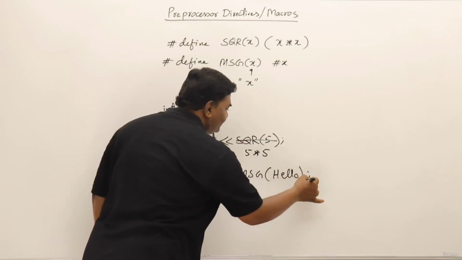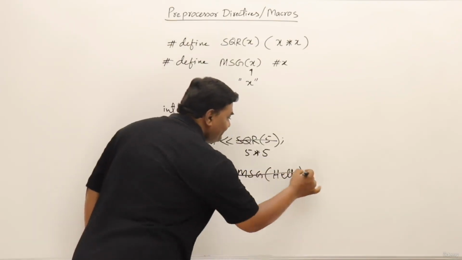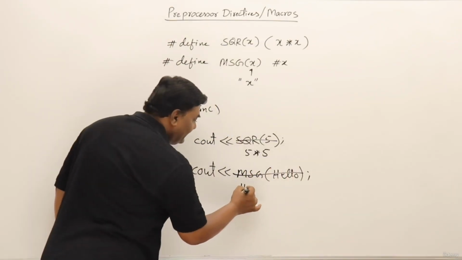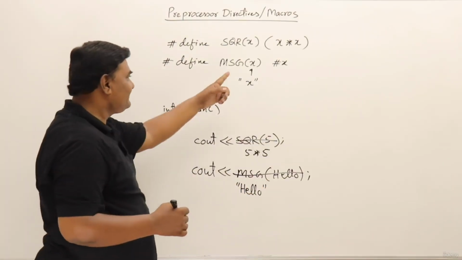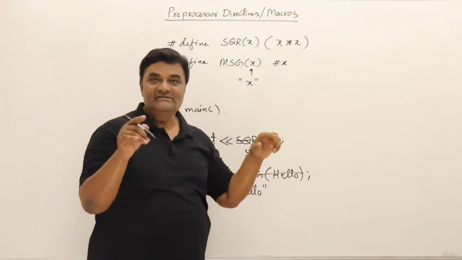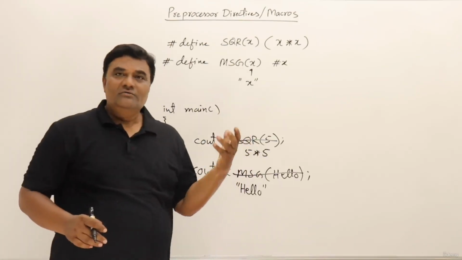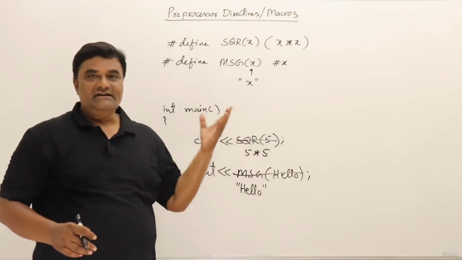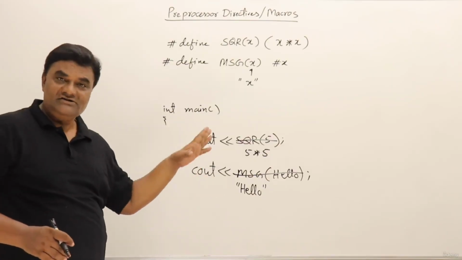Here I have mentioned hello without double quotes. In the preprocessor, this will be replaced as hello in double quotes. So if you write a single hash there, it means that the literal or the parameter should be enclosed in double quotes. This is how we can make use of directives for writing constants, symbolic constants, as well as functions.